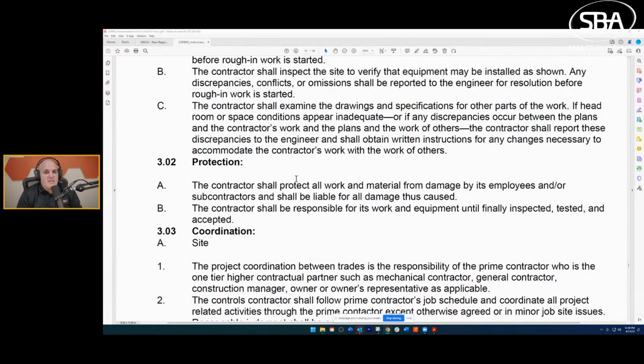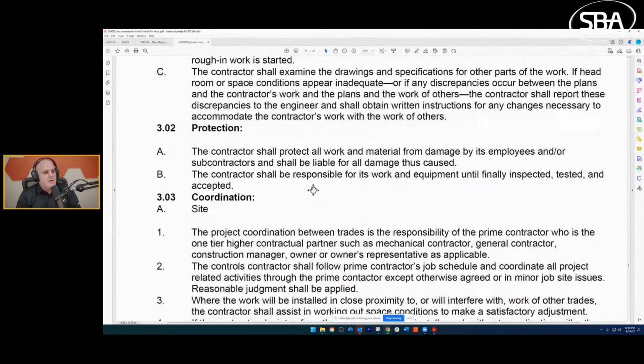I'm pretty sure it wasn't us who left it open, but we got blamed for it, and they wanted us to pay the cost of replacing the integration cards in the Daikin units because they got rained on. So there's a big back and forth about that because of this right here, this protection.